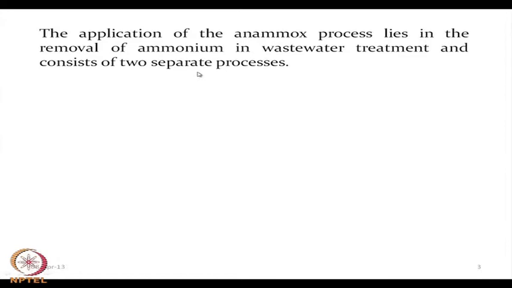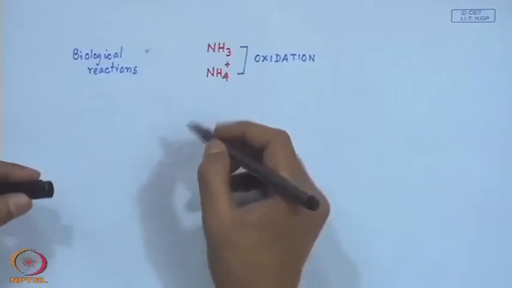So, how we apply it is a very simple and very useful reaction of this anaerobic process. If we want to remove the ammonium ion in wastewater treatment, how can we do it?